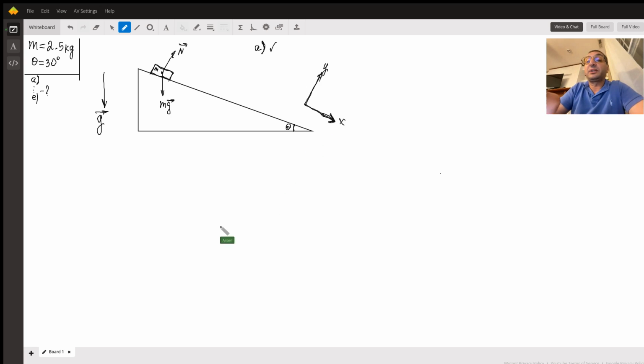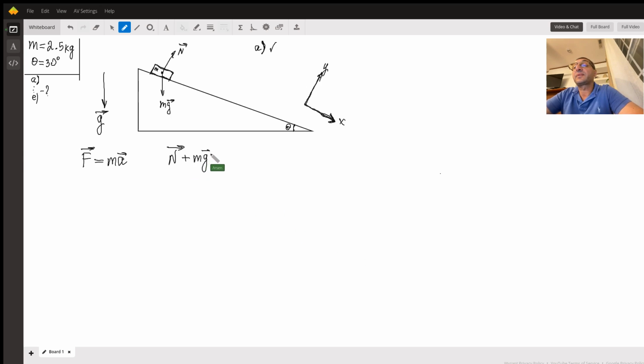Newton's second law says that the total net force acting on the object equals mass times acceleration. In our particular case, we write it like this: normal force plus gravitational force equals mass times the acceleration vector.